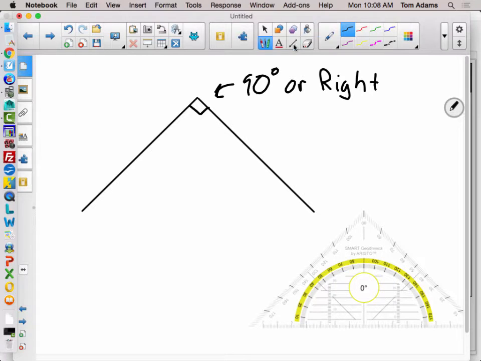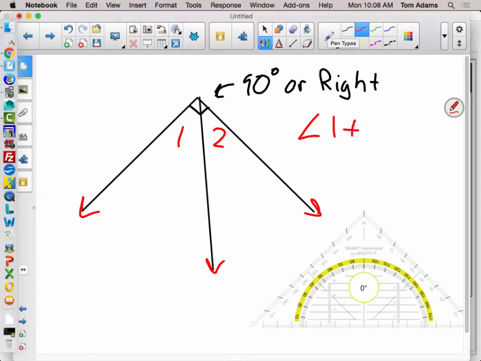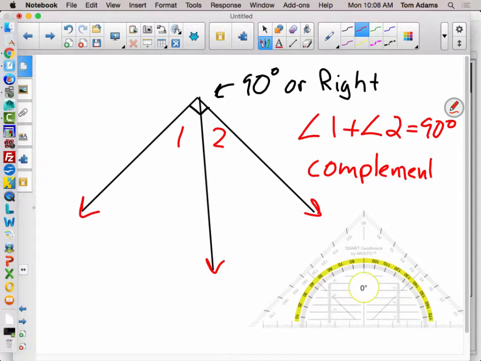But if I were to come in there and draw another angle, in other words, I've got angle 1 and angle 2. If angle 1 plus angle 2 equals 90 degrees, we would call those complementary angles. They add up to 90.